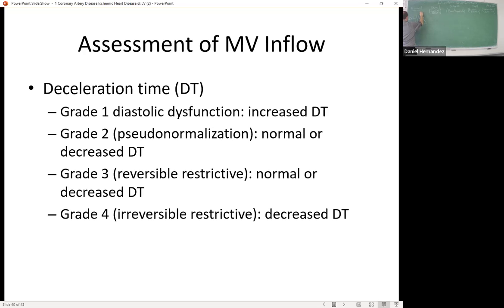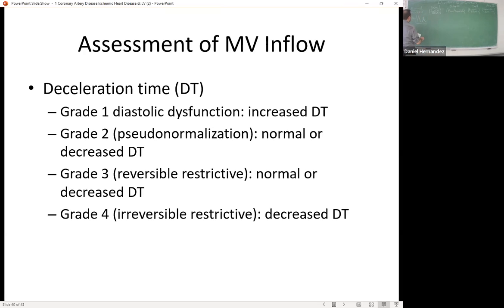So E to A is less than 1.5 and greater than 0.75. It can be anywhere within that range.